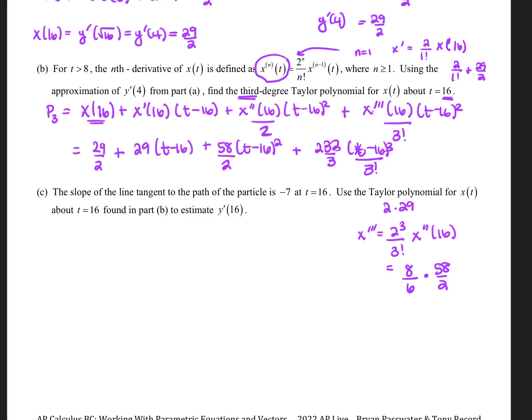The slope of the line tangent to the path of the particle is -7 when t is equal to 16. Use a Taylor polynomial for x of t about t equals 16 to find an approximate for y prime at 16.